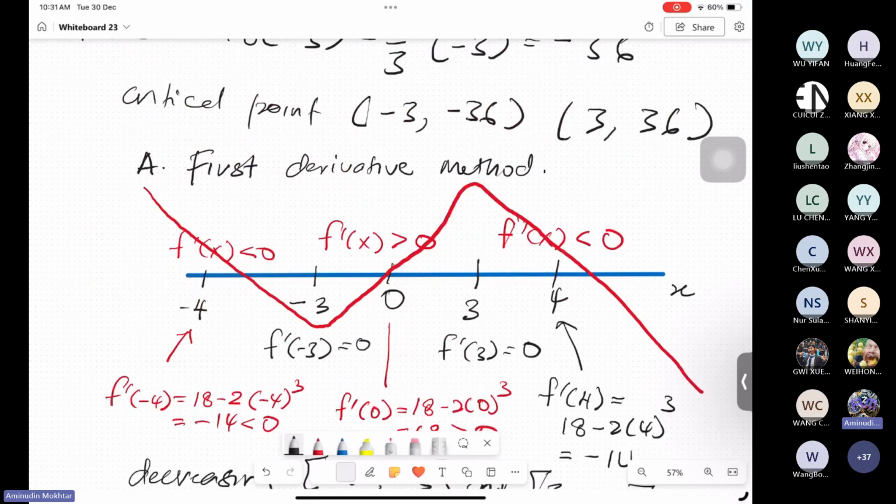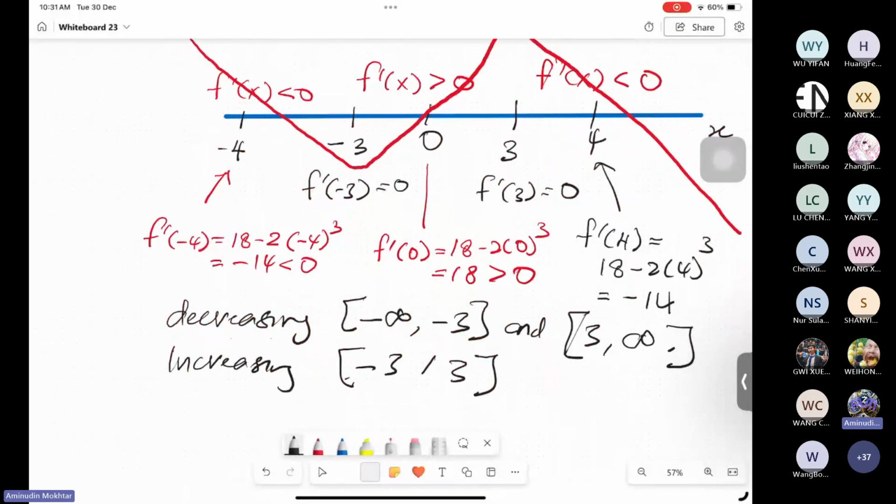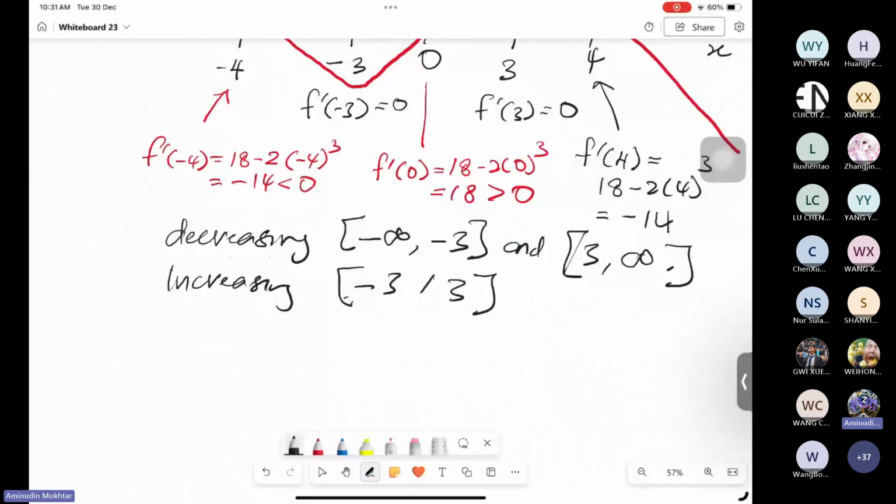The two critical points are negative 3 and negative 36, and positive 3 and positive 36.